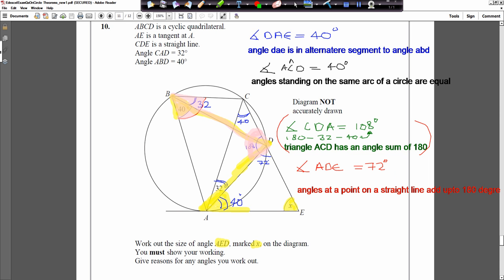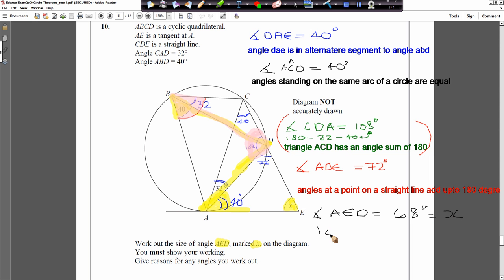Okay, last but not least, so angle AED is equal to 68 degrees, which is equal to x.